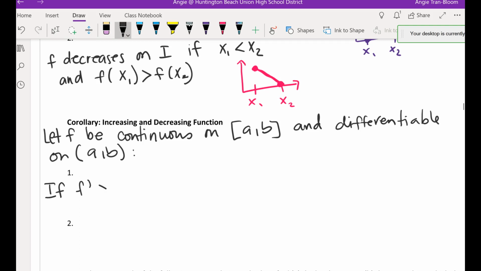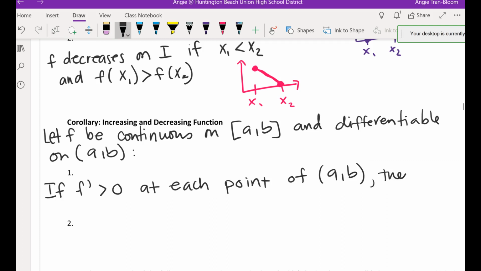If f prime is positive, meaning that it's bigger than 0 at each point of a to b, which is the open interval, then f increases on the closed interval a to b.